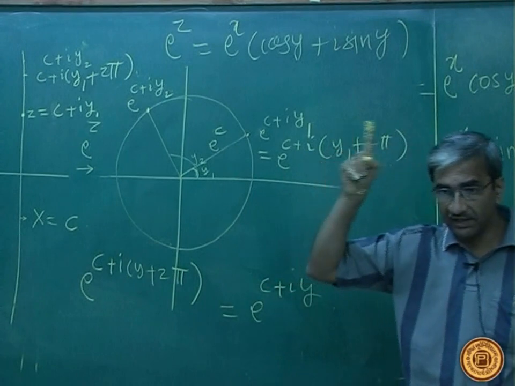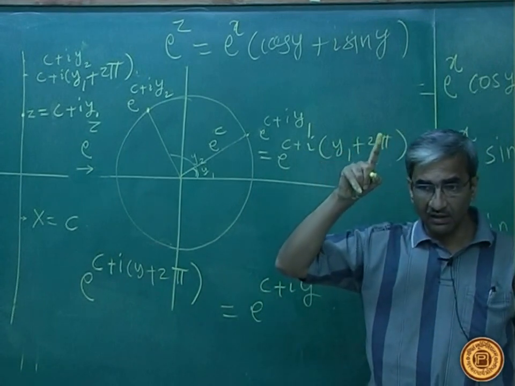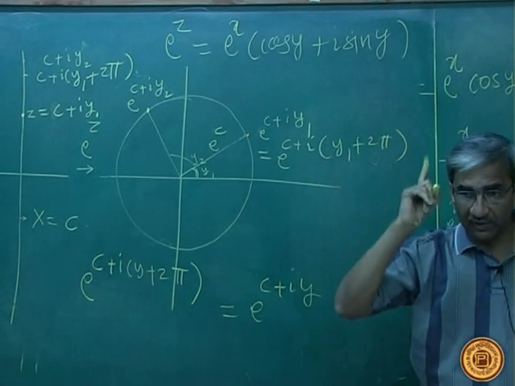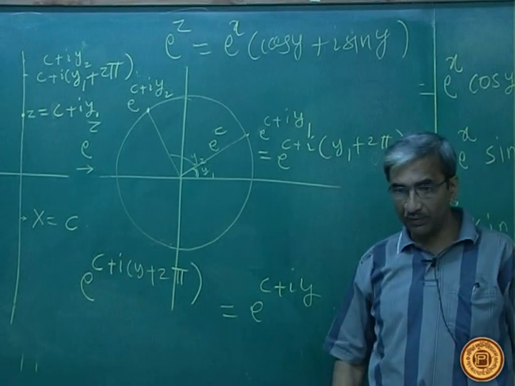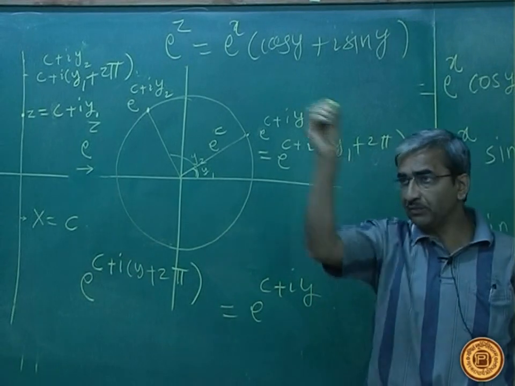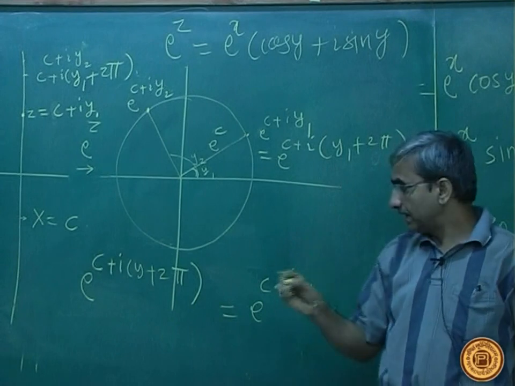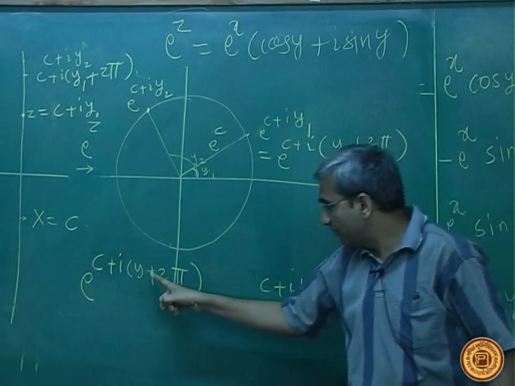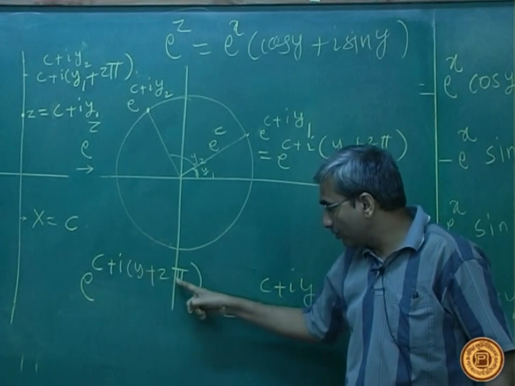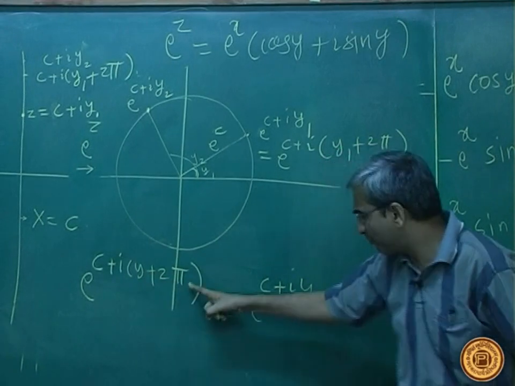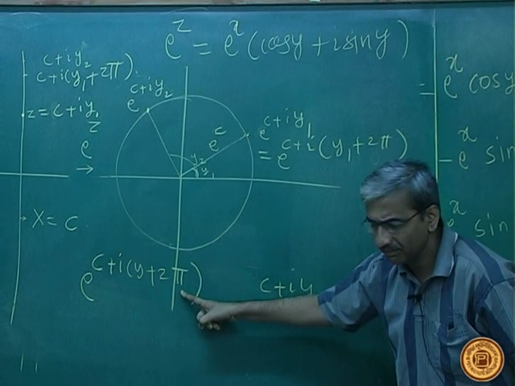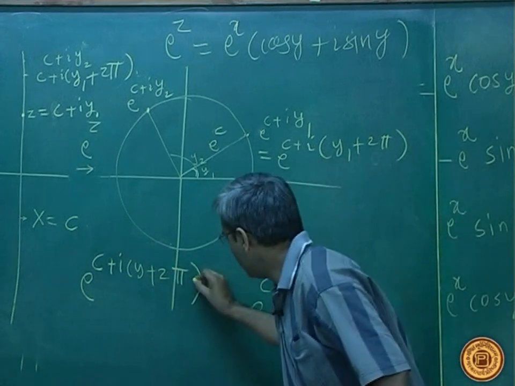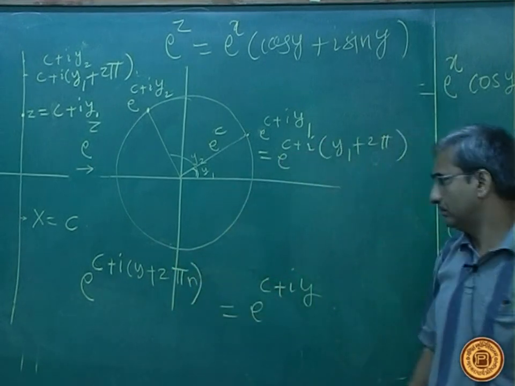This is definitely different from the real exponential, because the real exponential function is 1-1. 1-1 means distinct points are mapped to distinct points, whereas the complex exponential is not 1-1. If you change the argument by a multiple of 2 pi, I may take 4 pi now, 6 pi, so in general I may multiply by n, no problem.